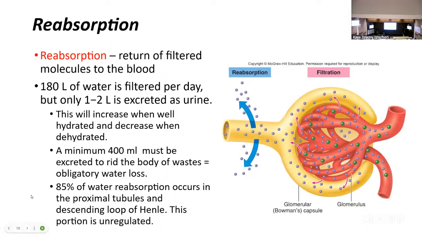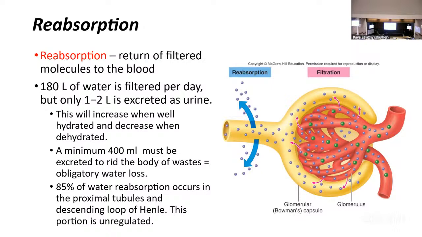Okay. So reabsorption is the return of filtered molecules to the blood. We were just looking at glucose reabsorption, but we reabsorb lots of other things. In particular, we also think about reabsorption of water. That's going to be one of the other main themes of this unit of the kidney, because we have tons and tons of water in the plasma.